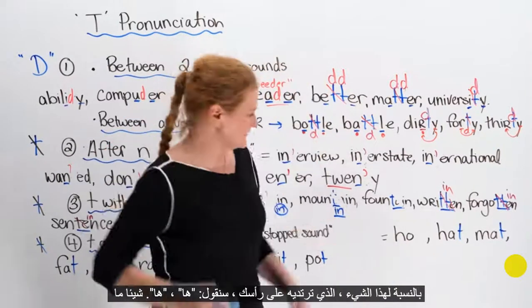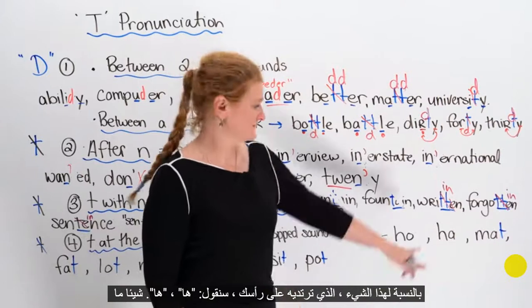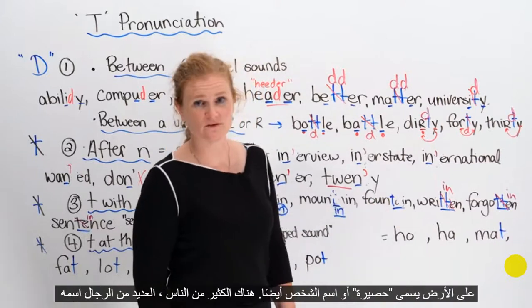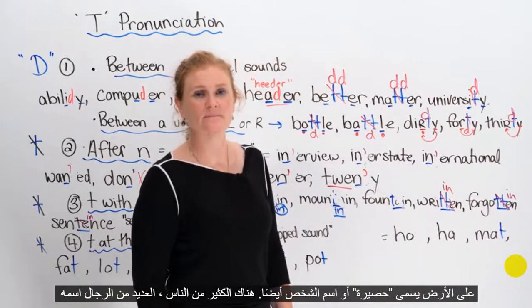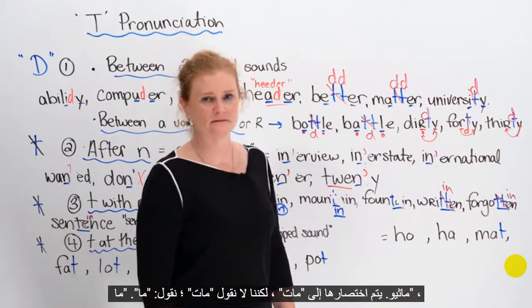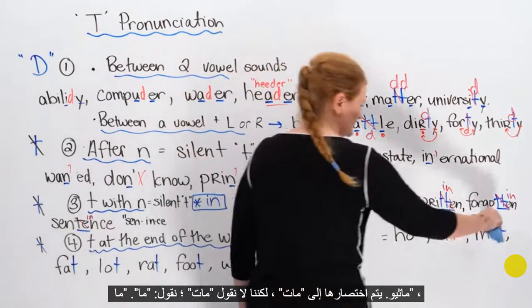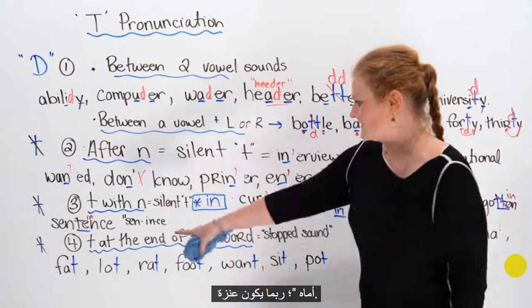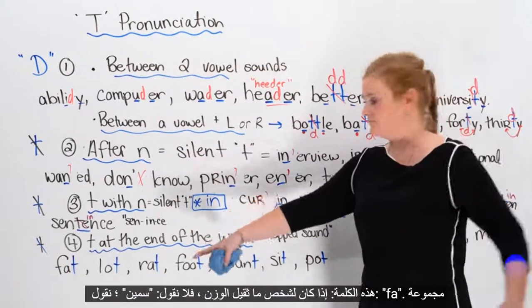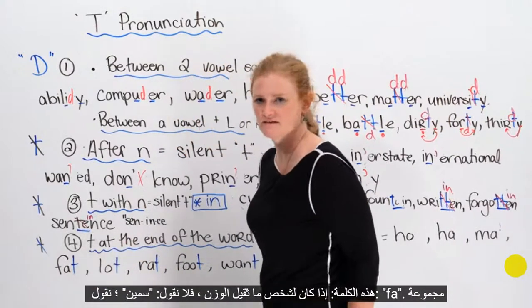For this one, something you wear on your head, we're going to say hat. Something on the floor is called a mat, or also a person's name. There are many men named Matthew, or Matt. But we don't say Matt, we say Matt. Maybe he's a goat. This word, if somebody has a lot of weight, we don't say fat, we say fat.